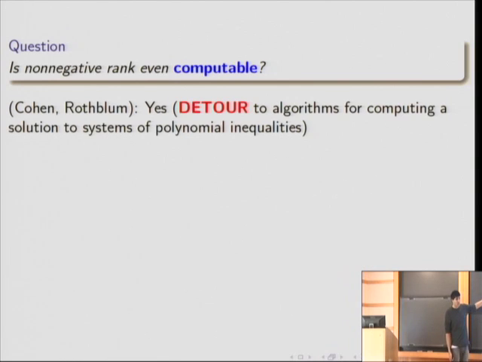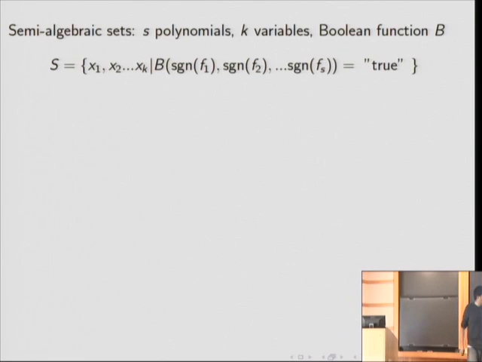In fact, I'd like to take a slight detour into solving systems of polynomial equations, because that's where we can see some really fun algebra and topology at play. The basic question in this area of solving systems of polynomial equations is we have something which is called a semi-algebraic set. And in turn, this set S is defined based on little s polynomials, f1, f2, all the way up to fs, which in turn are polynomials in these k variables, x1 to xk.